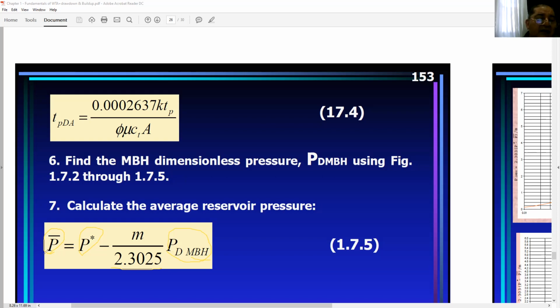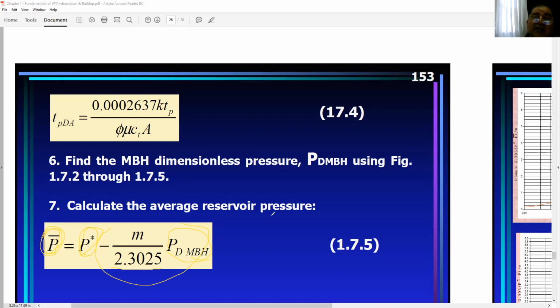Then you will be able to calculate the average reservoir pressure. That's what I said: P star is always less than the average reservoir pressure by this value. P star cannot be equal to P average, but it should be close to P average.